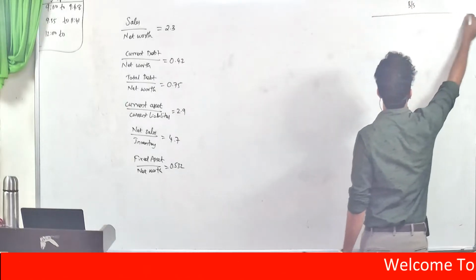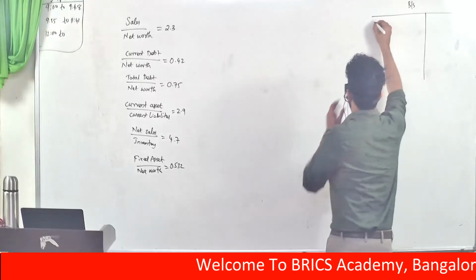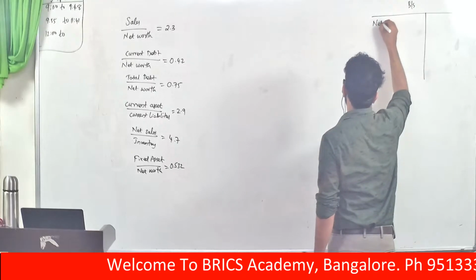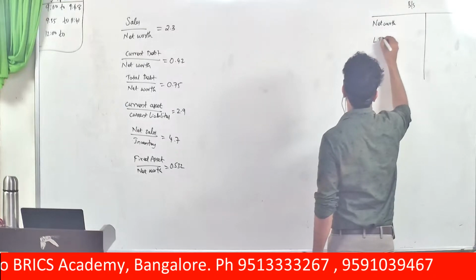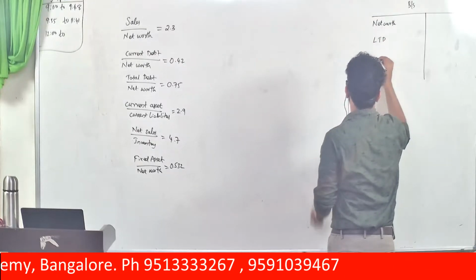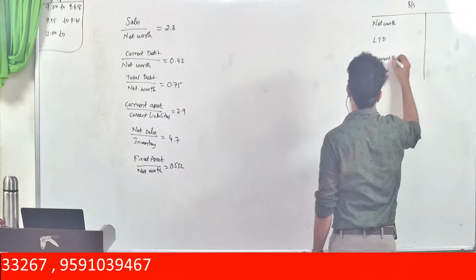You fill in the balance sheet. Tell me what is available: net worth, basically this is equity share capital, then long-term debt, current debt, and that's it.